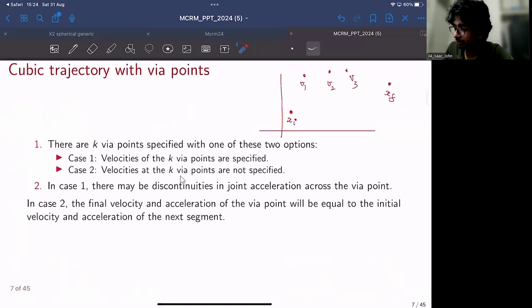If you go by the first way, there could be discontinuities between joint accelerations across the via point. The acceleration may not be a smooth curve. It may have jumps as it moves from the first segment to the next segment. And in case two, the final velocity and acceleration of the via point will be equal to the initial velocity and acceleration of the next segment.